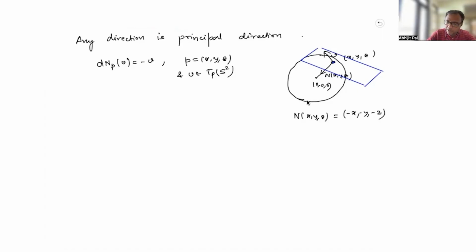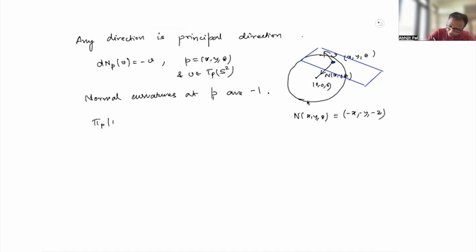And so what will be the normal curvatures at P? Why is this minus 1?